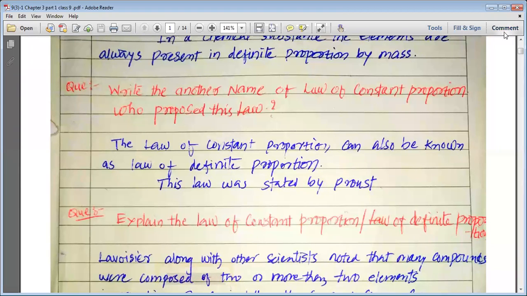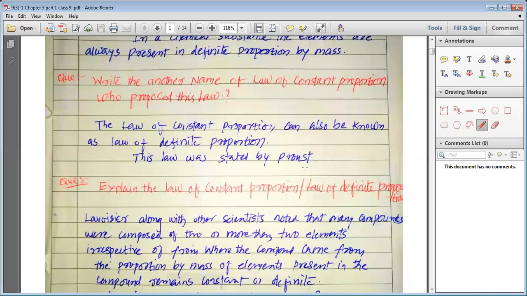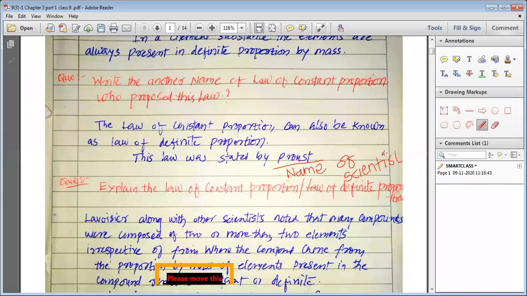My dear students, please remember that Proust is the name of the scientist who proposed this law, who gave this law.